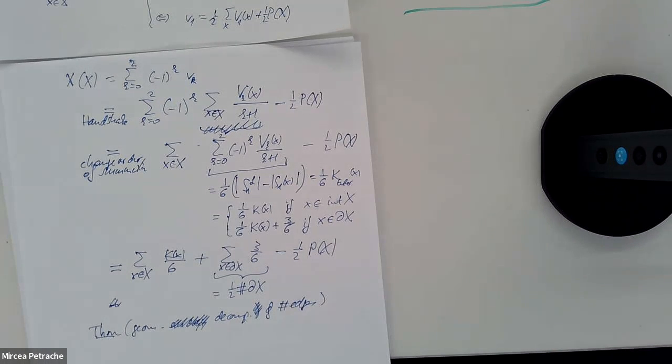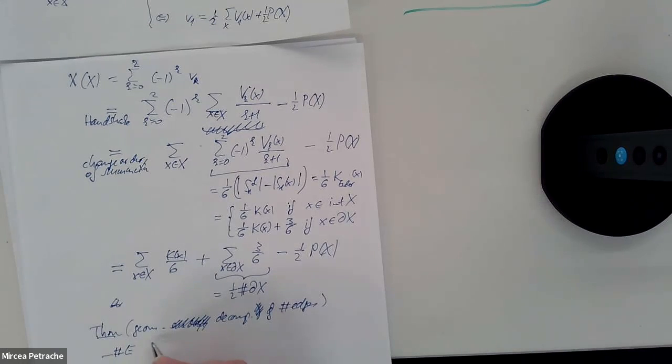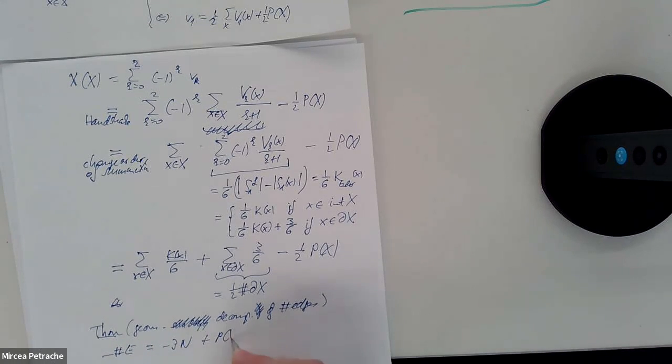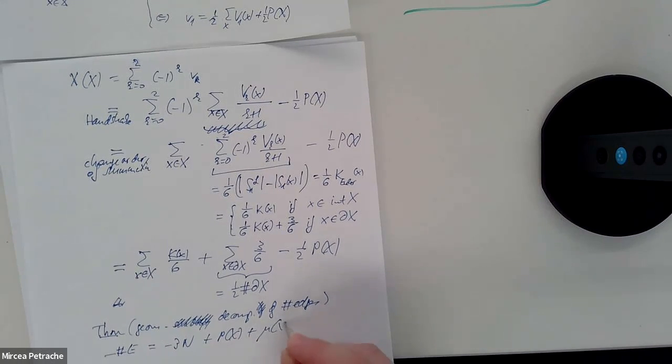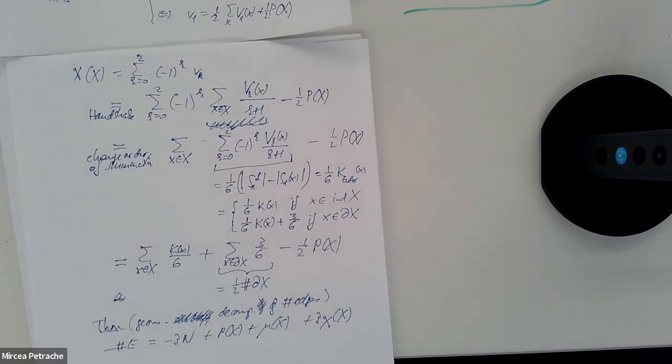The number of edges are the same as in the discrete Heitmann-Radon model, the energy. So minus the number of edges is minus Vn plus P of x plus the defect measure mu of x plus 3 times the Euler characteristic of x.